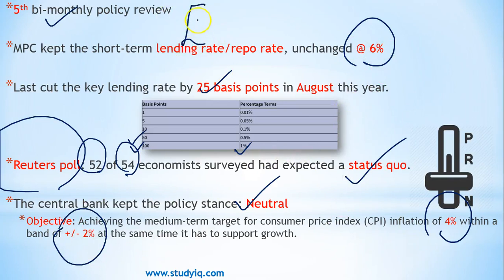At this end you have 2%, and at this end you have 6%, right? Your target is to keep it at 4%. So a bit of going down and going up is fine, but it should not exceed this 6%, and it should not be somewhere below 2%. Ideally 4% is great, right? If you are somewhere nearby 4%, a bit lower than 4%, then that is a good scenario.